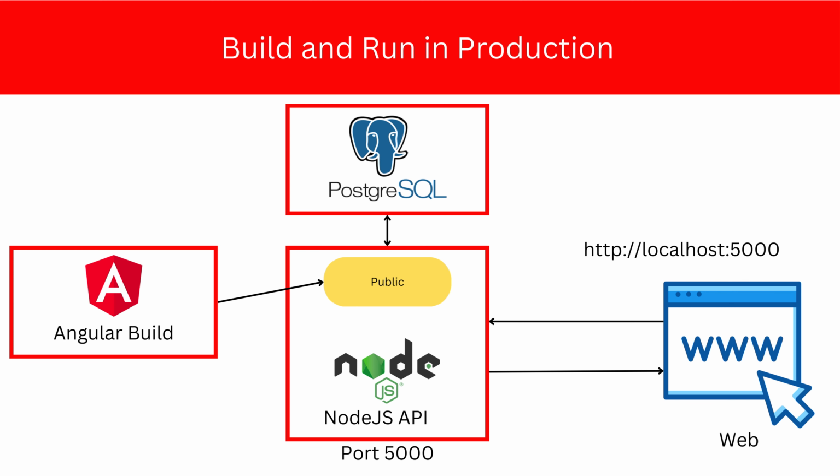So when the request comes from the browser, the browser hits the Node.js API on port 5000, for example here, and whenever it needs to load any UI, it takes all those assets from the public folder and sends them to the browser. That way you can build and deploy the whole full stack web application in production.